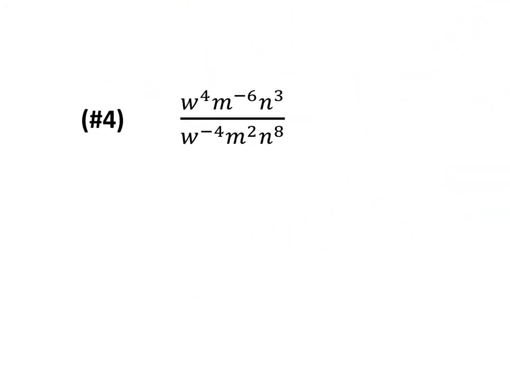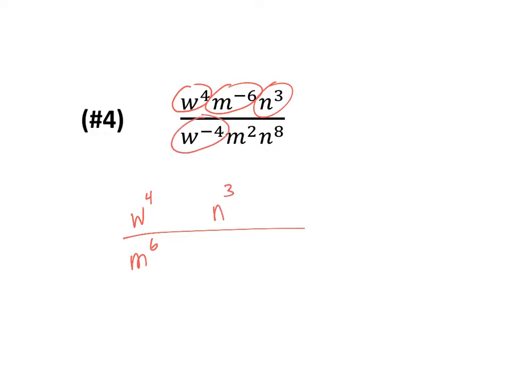Number 4, when we have negative exponents with fractions, the first thing I do is make all the negative exponents into positive exponents. So w to the positive fourth power would stay on the top. m to the negative sixth would get moved to the bottom and become positive sixth power. n to the third would stay on top. w to the negative fourth, that's going to move to the top because it has to become positive.